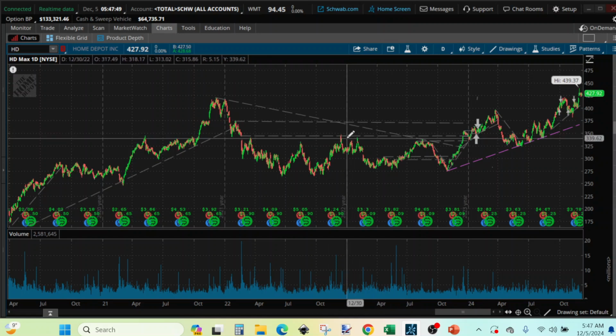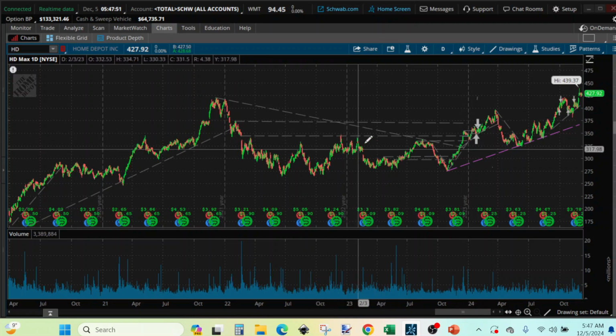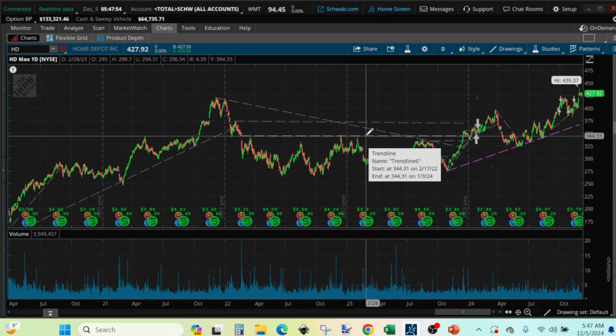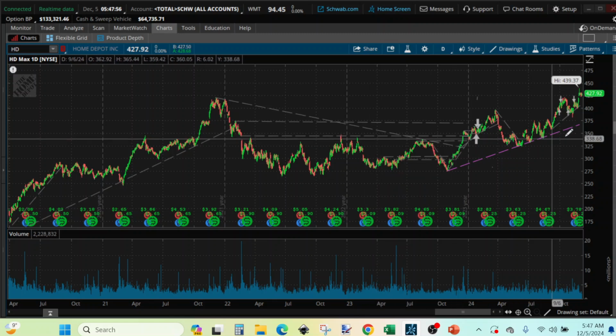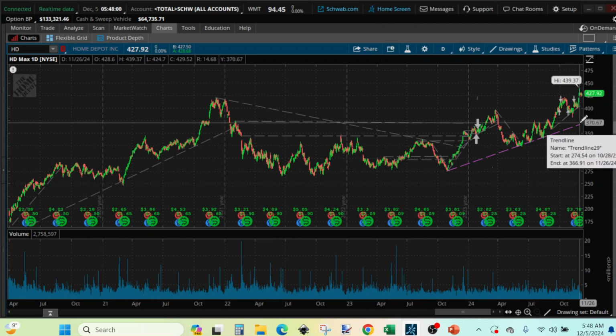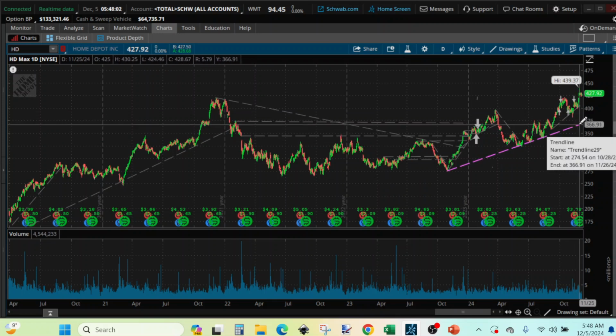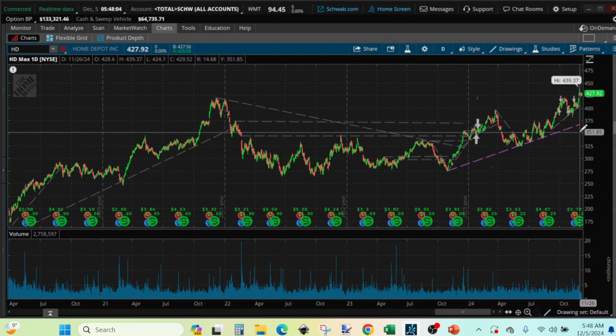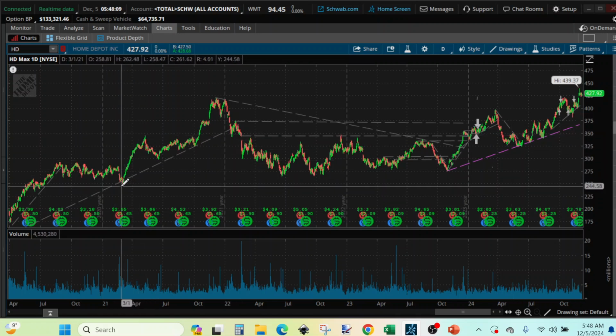So does that mean those resistances here will become a support? It still will coincide with coming back to this line here, or maybe lower. So let's retrace.